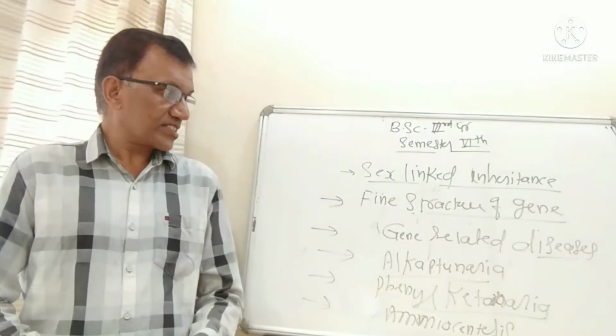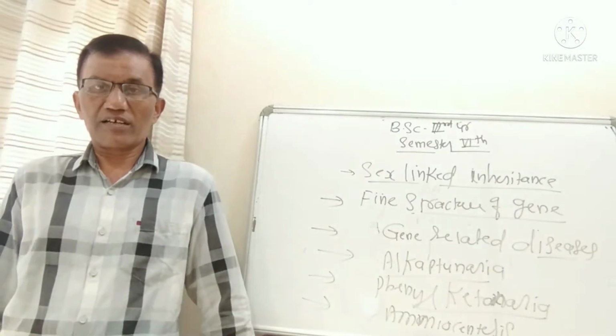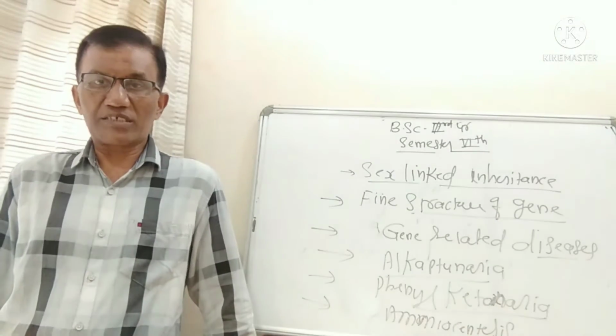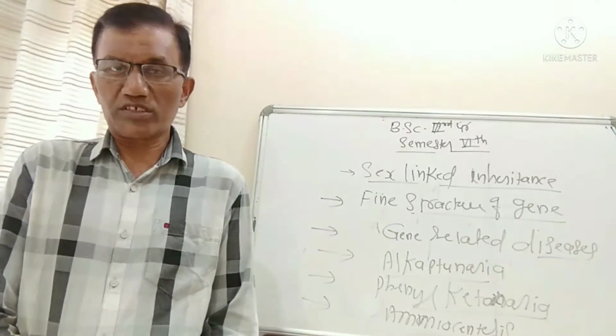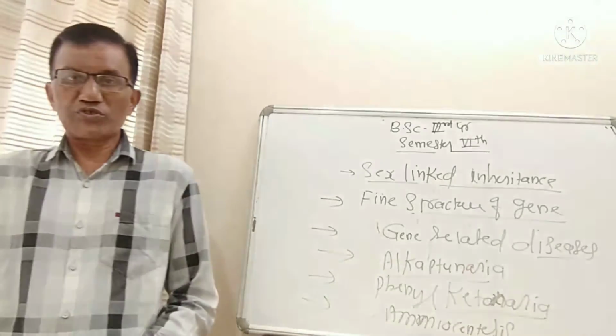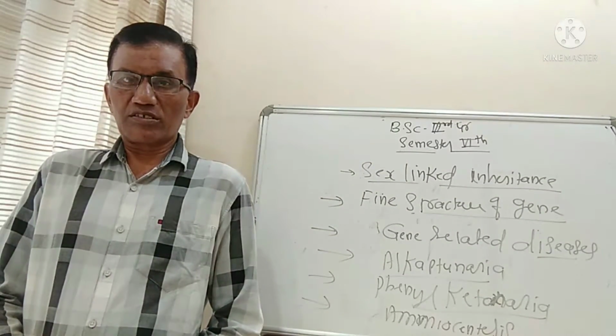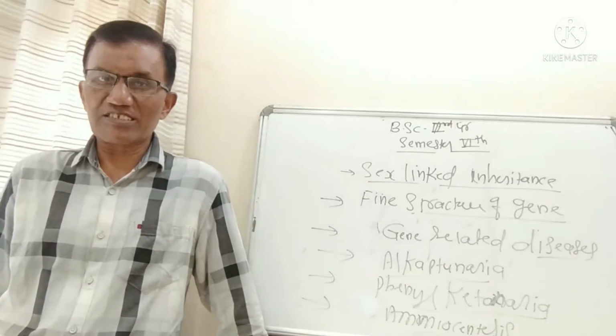While explaining the fine structure, in the classical concept, genes are located on a chromosomal locus. The genes are linearly arranged on the chromosomes. The nucleotides of the DNA molecule act as genes.